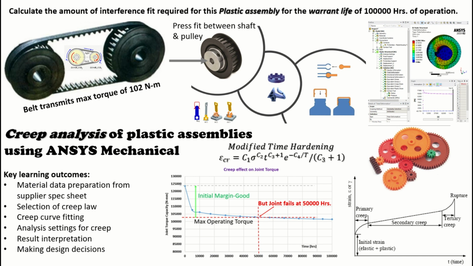Though we have gone through all the stages of this process for a typical plastic pulley assembly, the same concept is equally applicable for many different plastic assemblies, such as snap fit products that you are seeing on the screen, gear mechanisms, etc.